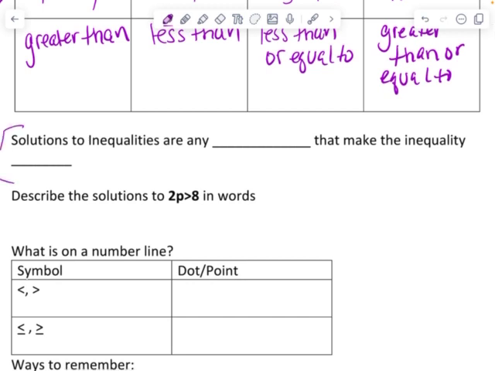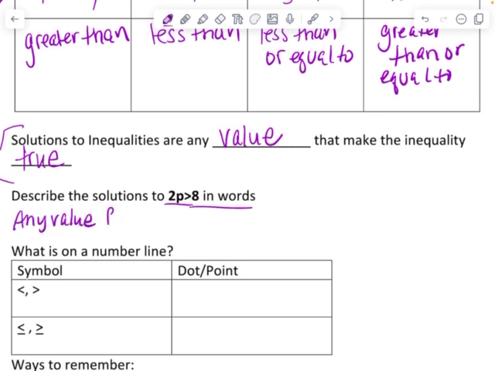All right, let's go ahead and take a look about solutions. Solutions to inequalities are any value that make the inequality true. Okay, so solutions make the inequality true. So let's look here. Describe the solutions to 2 times p is greater than 8 in words.